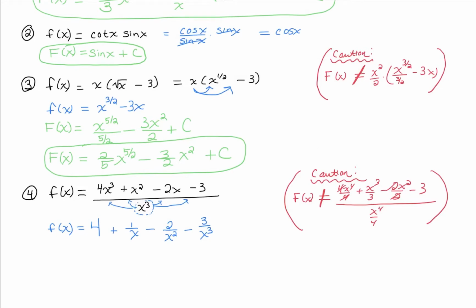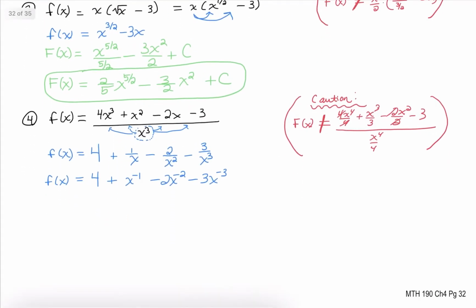Now, we should probably think about rewriting these exponents, bringing them up into the numerator, like we did in our very first example, because again, we can't take the quotient of the antiderivatives. You can't just apply the power rule when it's in the form of a fraction like that. So we bring those up into the numerator.